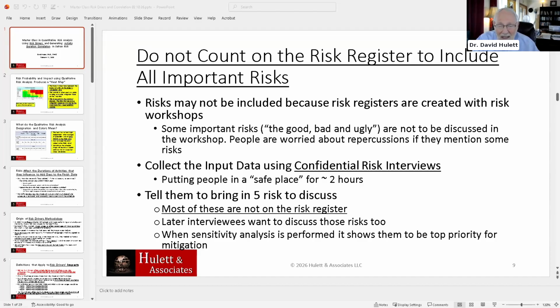We might get to this in later sessions as well. Do not count on the risk register to include all important risks.